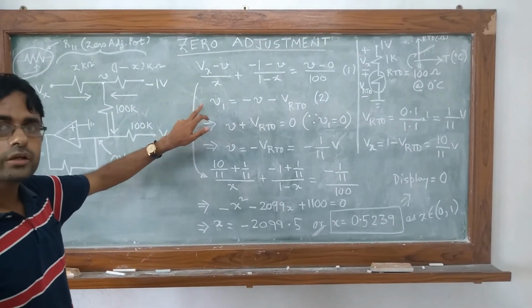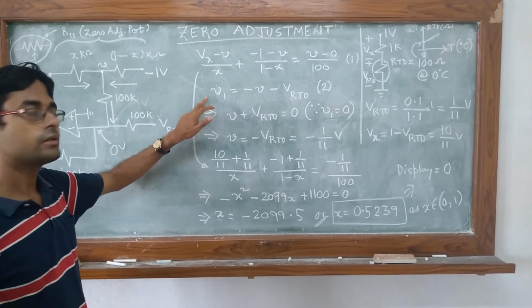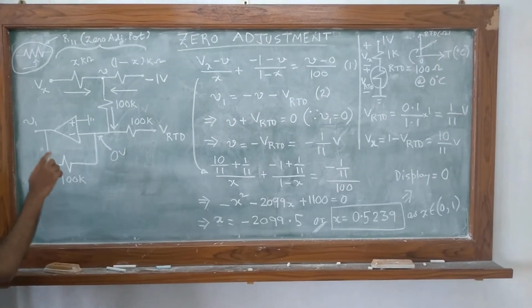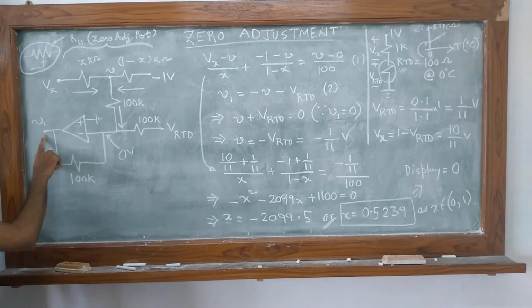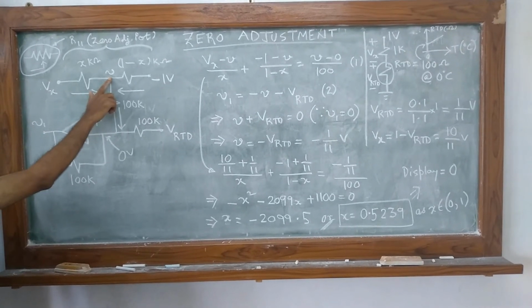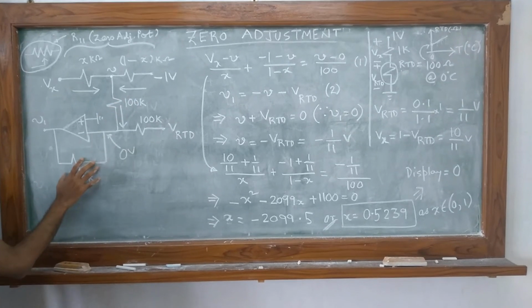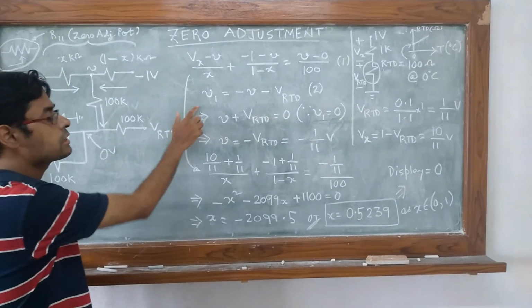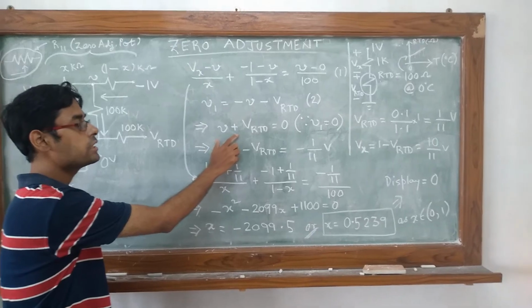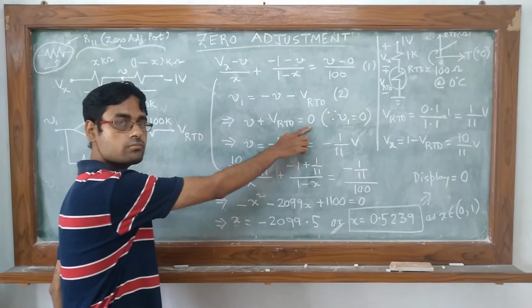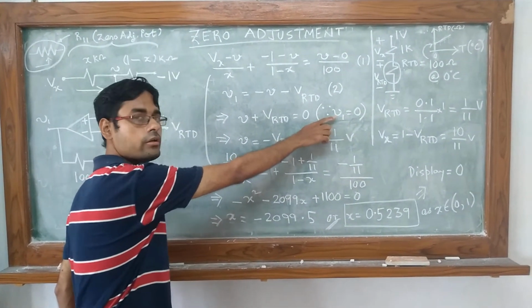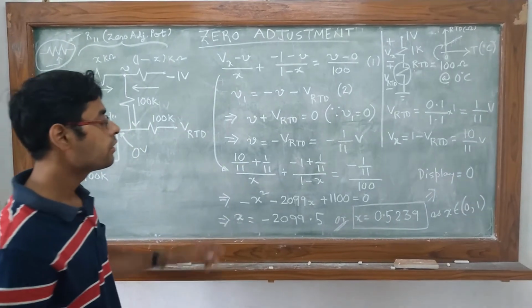You can frame the other equation from the inverting adder circuit, and we have seen this previously as V1 being equal to negative of (V plus VRTD), because these resistances are the same, which then leads to V plus VRTD being equal to 0, because we want to force V1 to be equal to 0 volts.